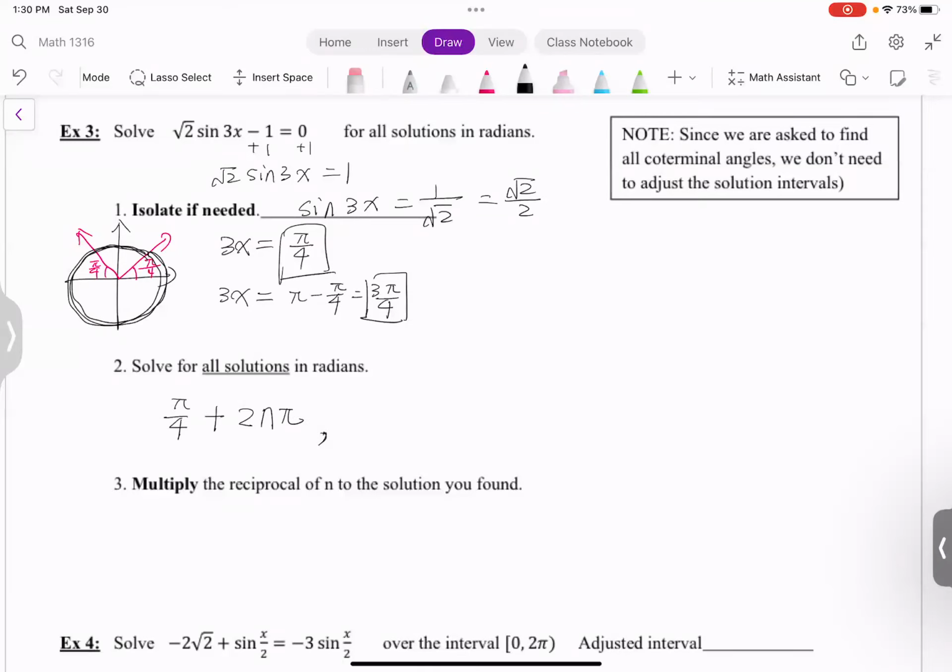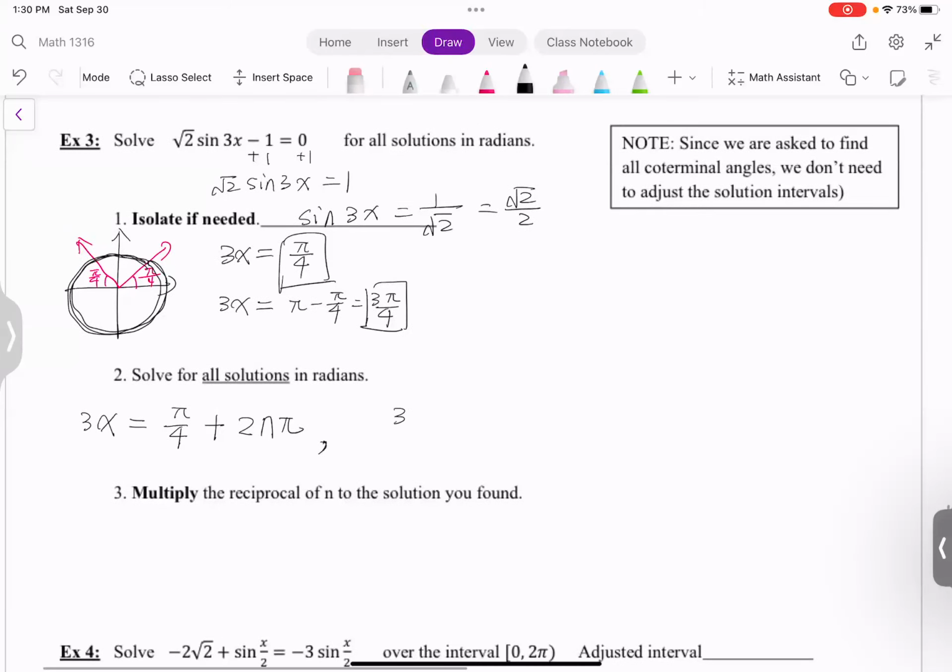This is all the solutions for 3x. So the general solution is 3x equals pi over 4 plus 2 pi n. So that's all the solutions for the first angle. And how about the second angle? 3x also equals 3 pi over 4 plus 2 pi n.